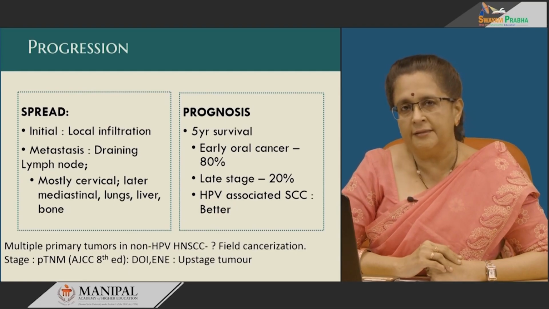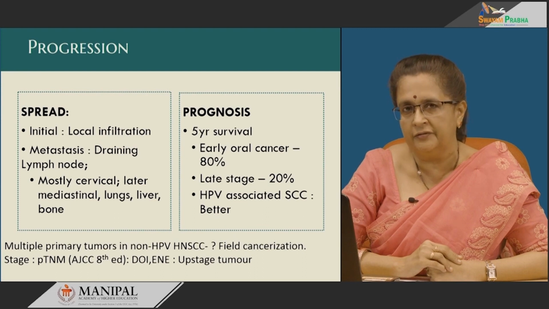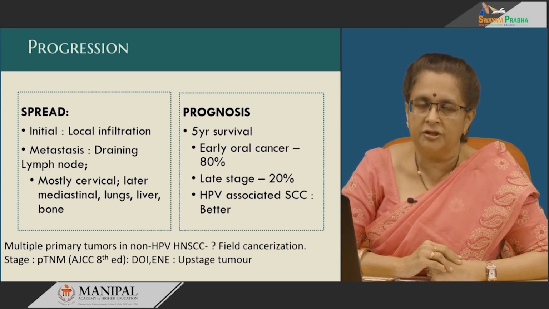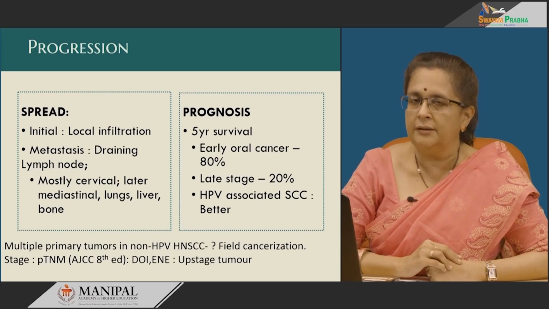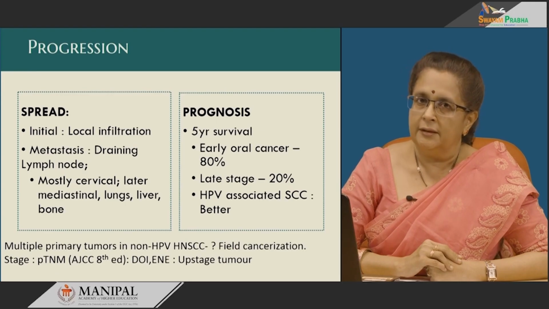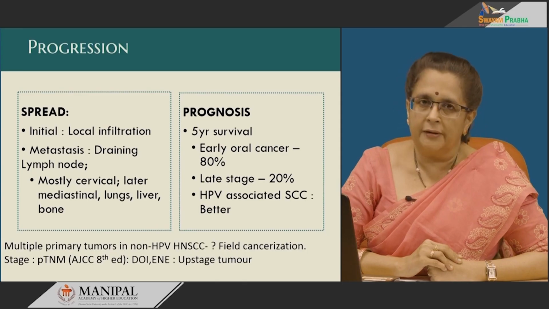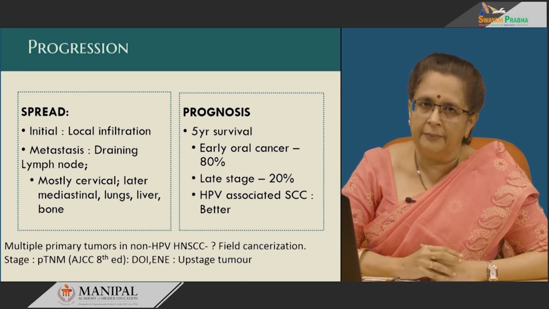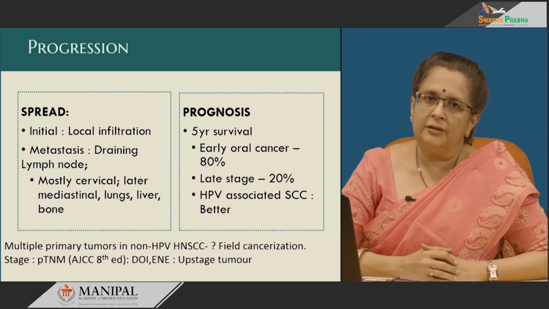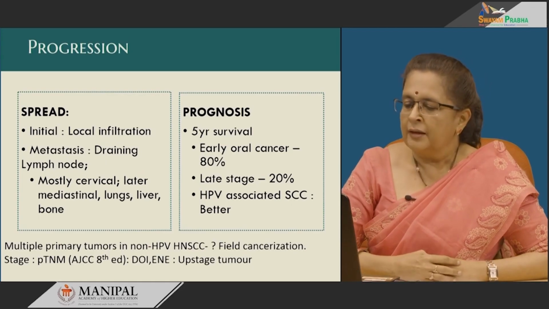The degree of dysplasia initially may be different in different sites. As a result, the primary tumor can occur at different times in different areas in the same person. This is very important because whenever the second primary arises, it usually causes fatality.